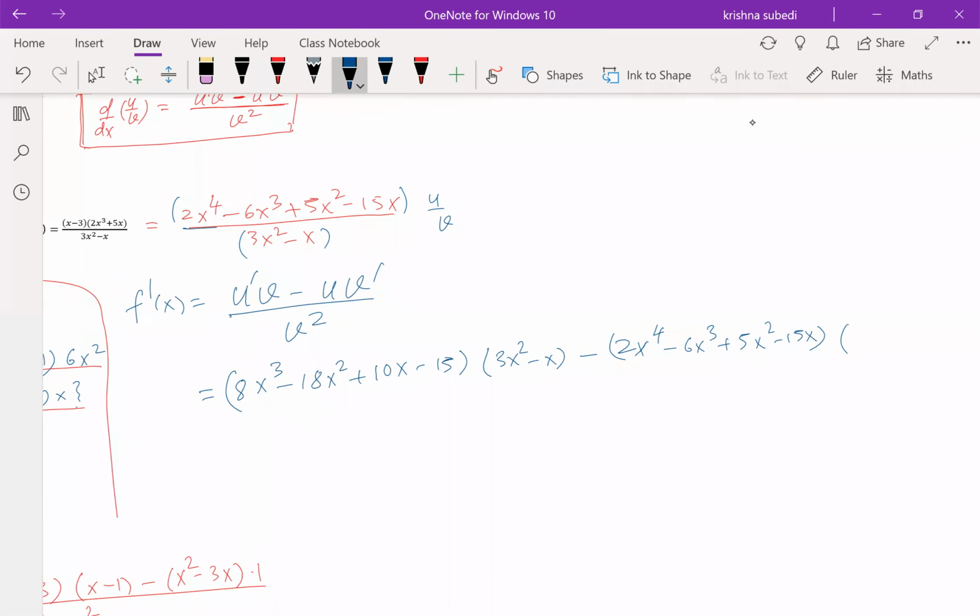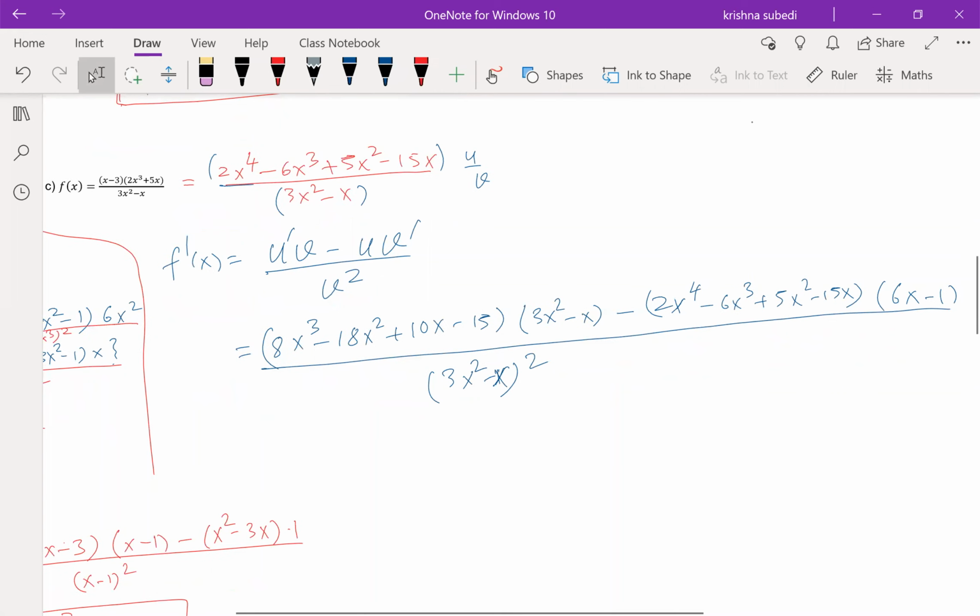And then you need the derivative of v, which will be 6x minus 1, over 3x squared minus x, squared. So you are done. If you want to simplify just for fun, go for it, but you don't have to. This is a lengthy expression, so just leave it like that.